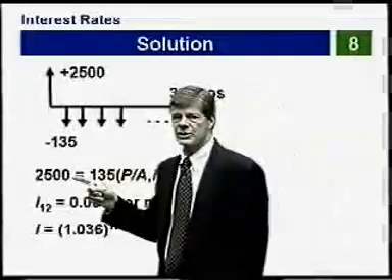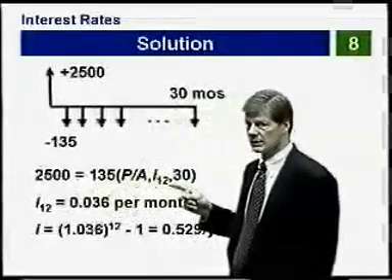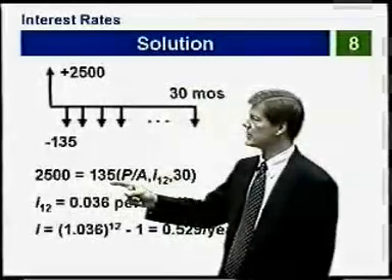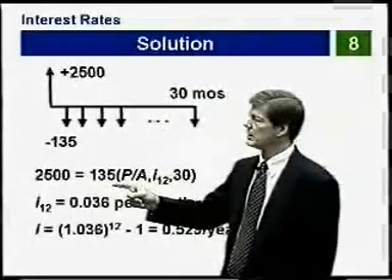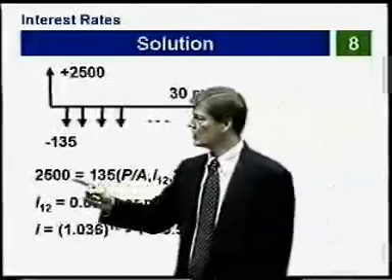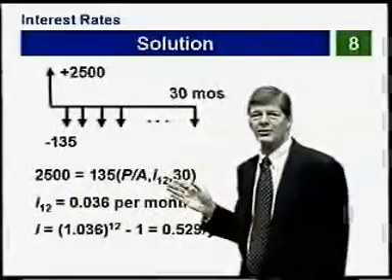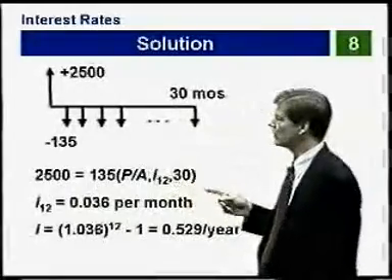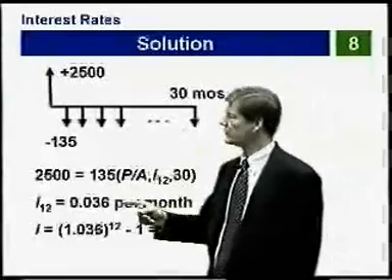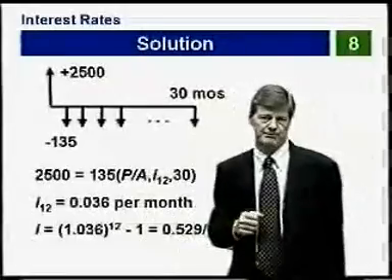We'll take $2,500 as the amount borrowed, and we want to find an interest rate, in this case a monthly interest rate, such that when we discount this uniform stream of $135 back to time zero over a 30-month period, it results in $2,500. Now, this is a trial and error sort of calculation, and if you do that, you'll find that the monthly interest rate for this loan works out to be about 3.6% per month.